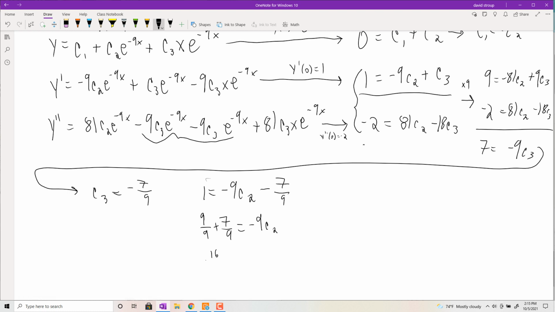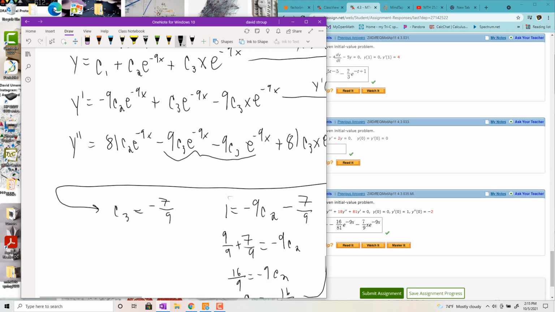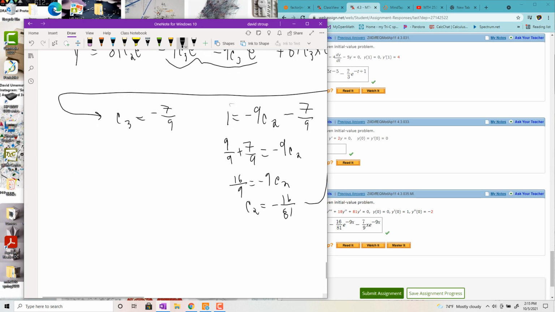Well, I get 16 ninths equals negative 9 c2. So c2 looks like it's going to be negative 16 over 81. And then c1 is just the negative of c2. So from here, I can see that c1 must be 16/81. Does that even look familiar? Just cheat a little bit.